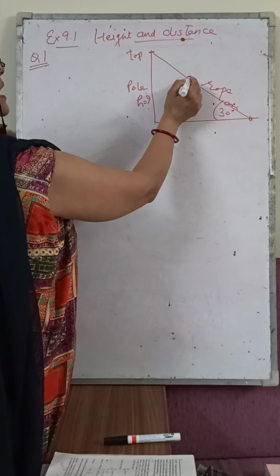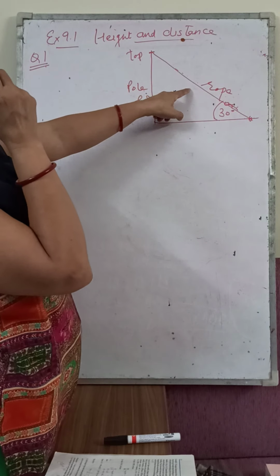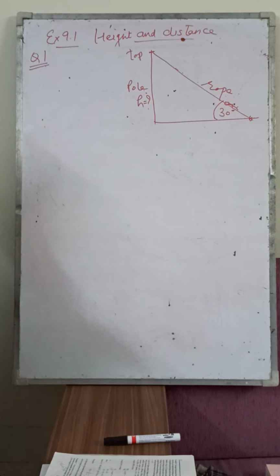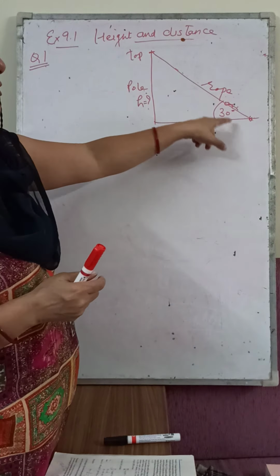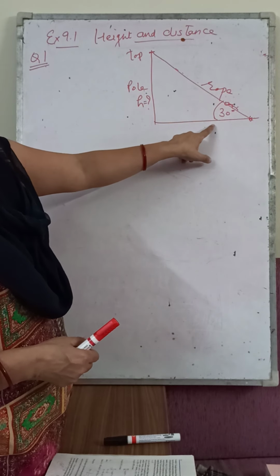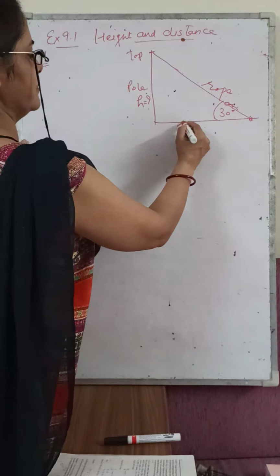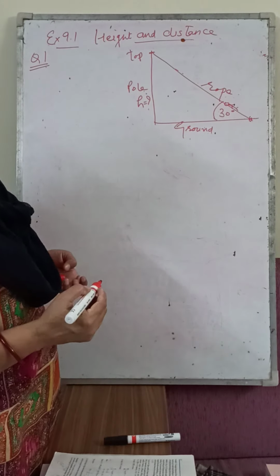Okay. He is climbing the rope, and this rope is tightly tied from the top to the ground. You have to find the height of the pole, and this rope is tied with the ground. This is the ground, and it makes an angle of 30 degrees.